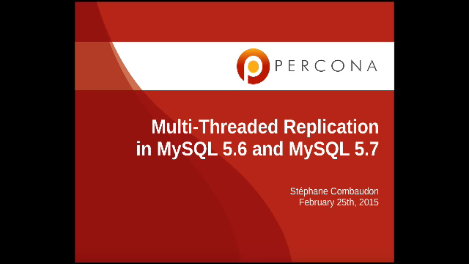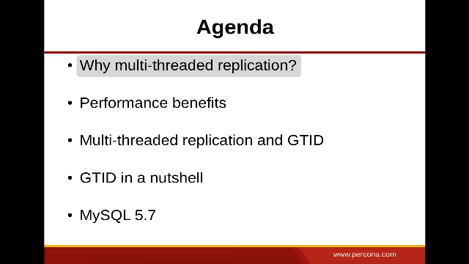Thank you, Alisa. Hello everyone. As Alisa said, we will talk about multi-threaded replication, and the agenda for today will be: we'll start with a quick introduction about why Oracle developed multi-threaded replication in MySQL 5.6.